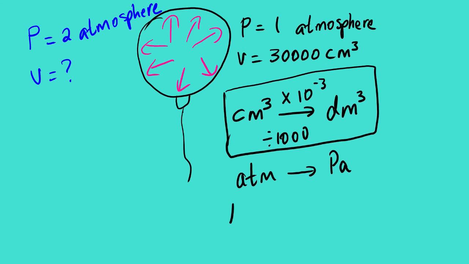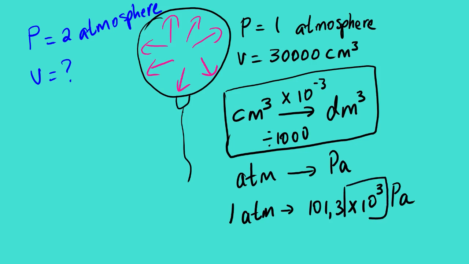you should know that 1 atm is equal to 101.3 times 10 to the power 3 pascals, or you can say 101.3 kilopascals, since we know that times 10 to the power 3 is kilo.